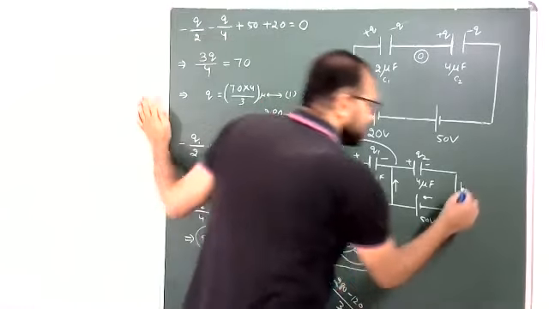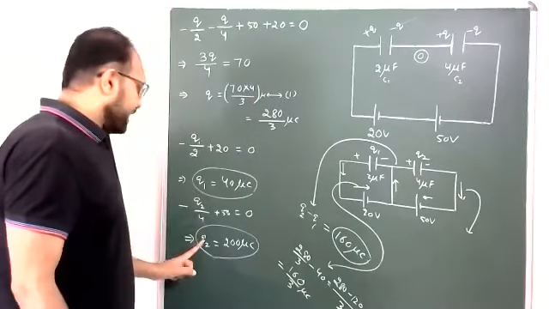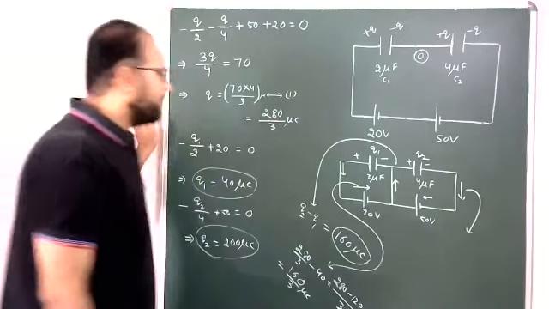In this direction, how much charge moved? Final is 200, previous is 280 by 3.